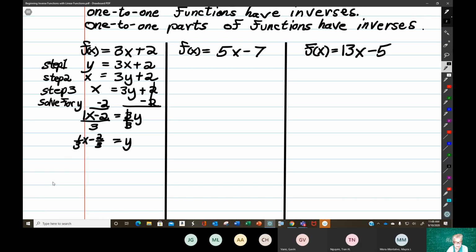Okay? Now, once we have y solved for, this is the fantastic last step. Step 4. It's a 4-step process. Are you ready? Here's the symbol for the inverse function.